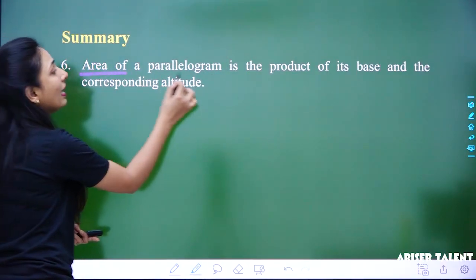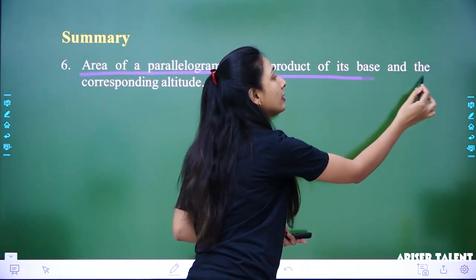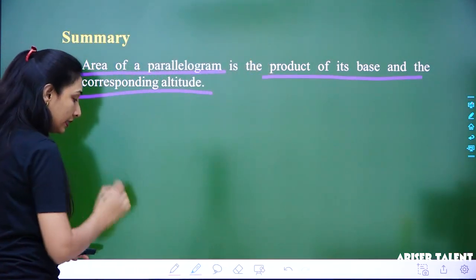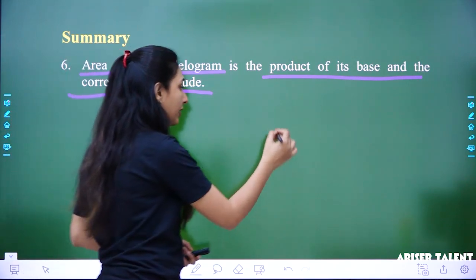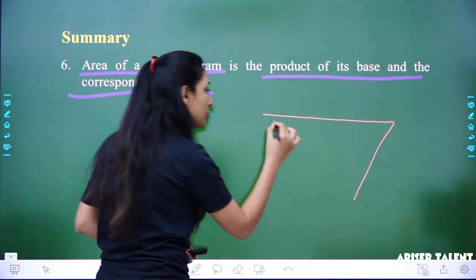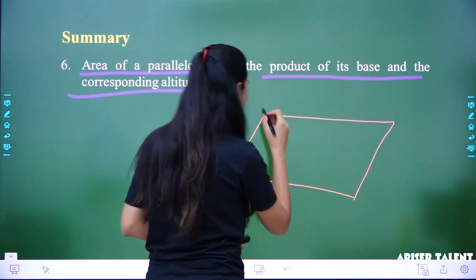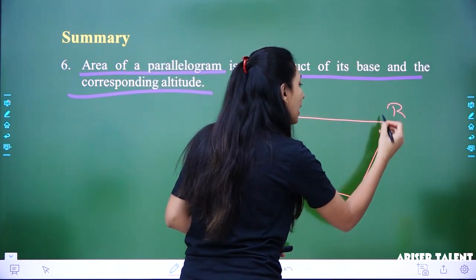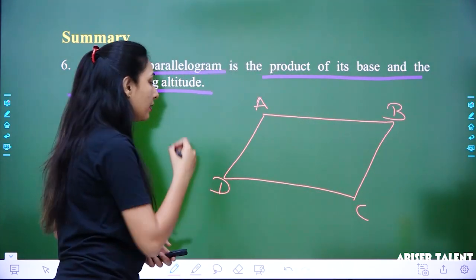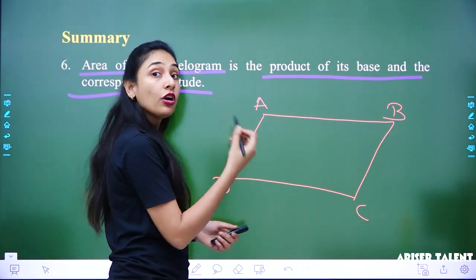Next, the area of a parallelogram is the product of the base and the corresponding altitude. We have done it: if you have this parallelogram with ABCD as the vertices, then what will be the area?